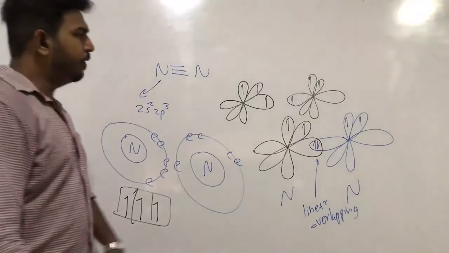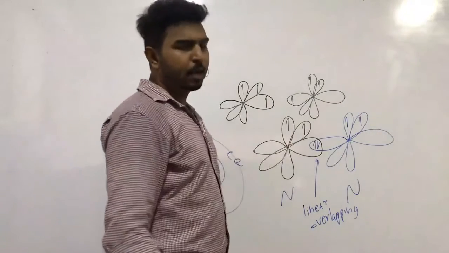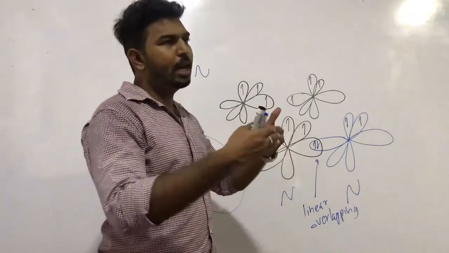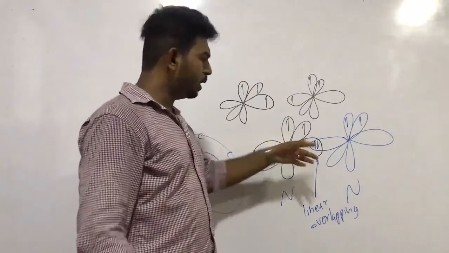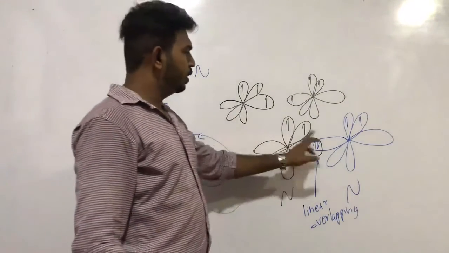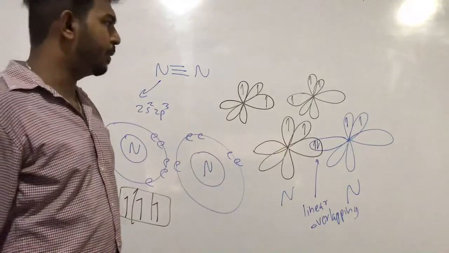When we consider this chemical bond formation, only 2 electrons, only single orbitals, can be linearly overlapped.